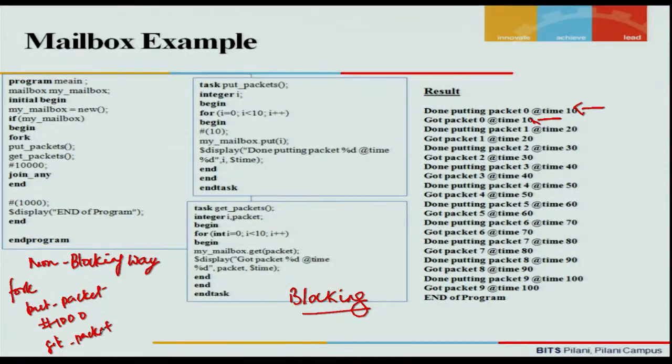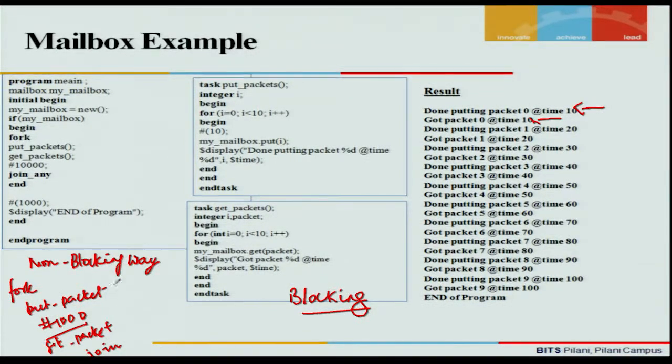Then you do a join. Now what will happen in this case is that once the put packet is done, it will wait for hash 1000 and then it will call the get packet. So the put packet will ensure that all the 10 data is pushed into the mailbox. It waits for 1000 cycles and then the get packet will be called.